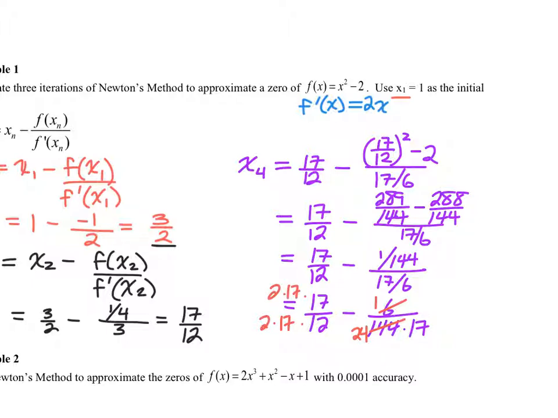So 289 times 2 would be 578. Minus 1 over 17 times 12, so 17 times 24.